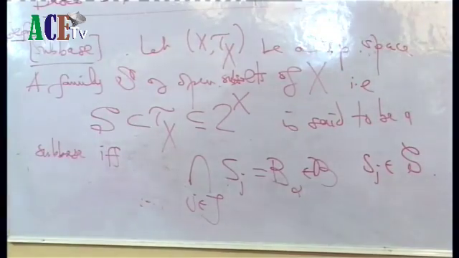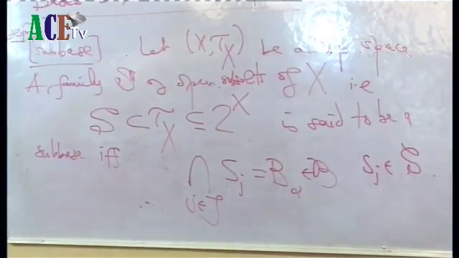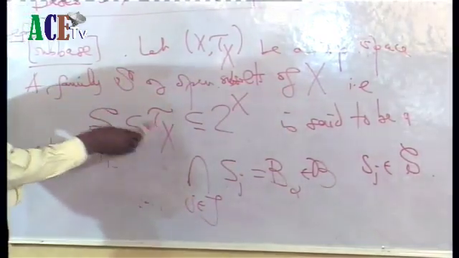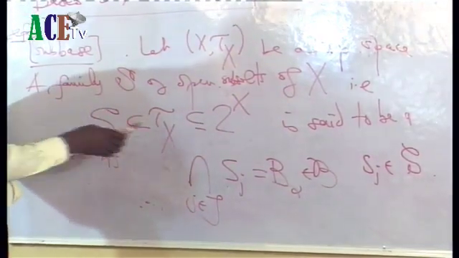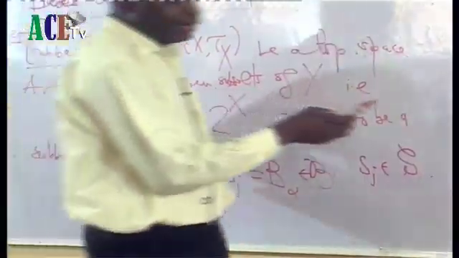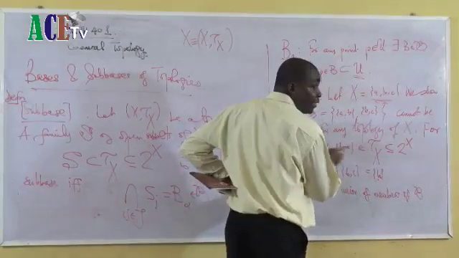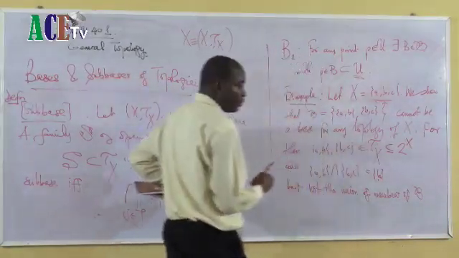For instance, let's take a look at what we have here. This is a subset of the topology, okay? And you need to know that if you pick this pair, it's still a subset of this topology.